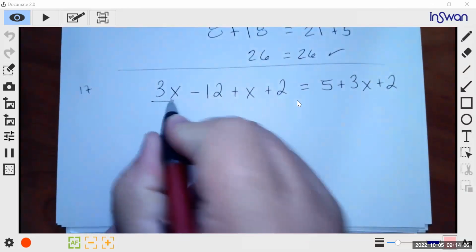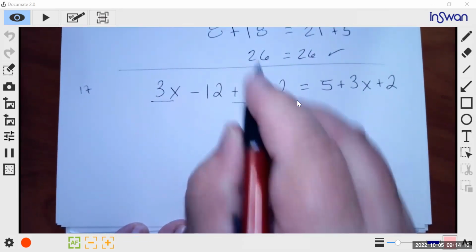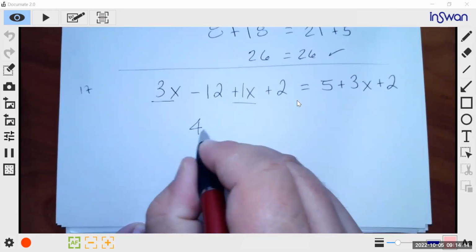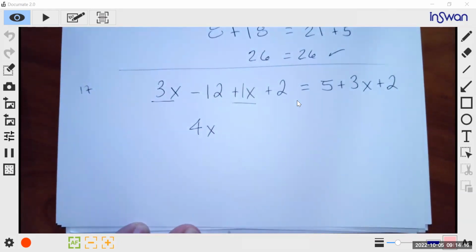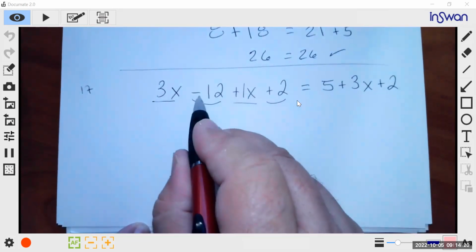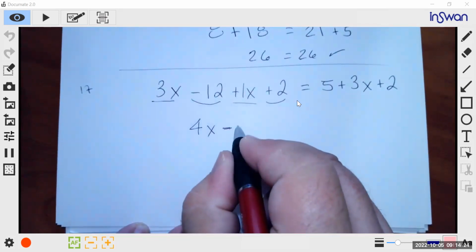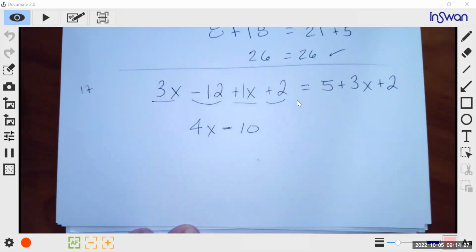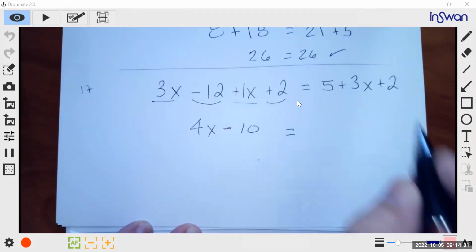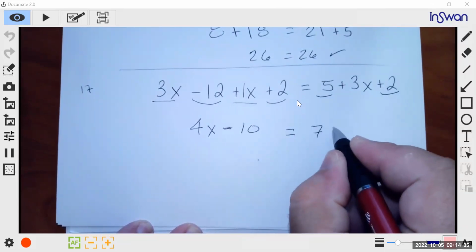Here we have an x, here we have an x. What's the number in front? 3 plus 1 is 4x. We have a negative 12 and a positive 2. The 12 is bigger, so the answer would be negative. 12 minus 2 is 10. Here we have 5 plus 2 is 7.